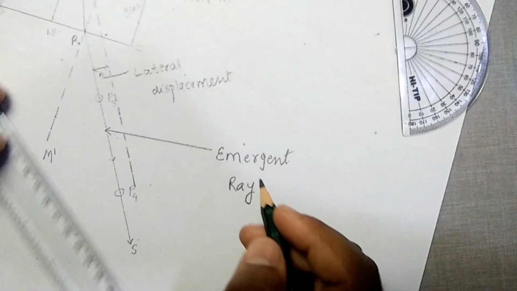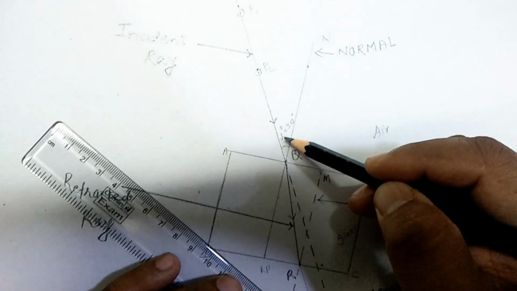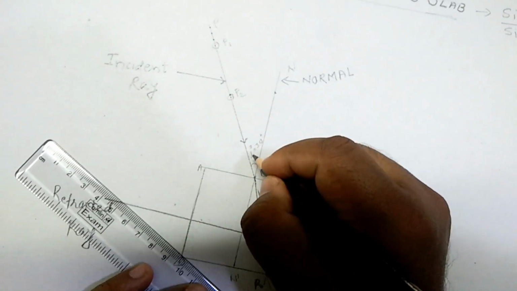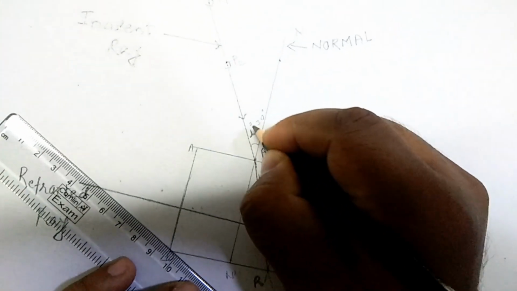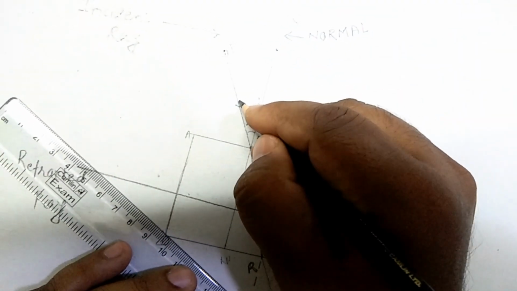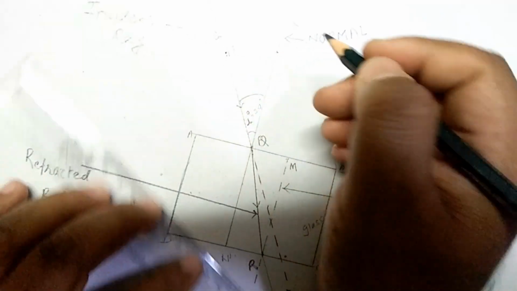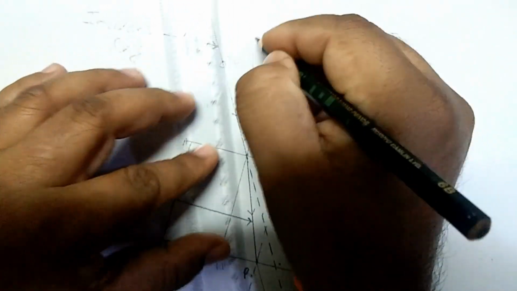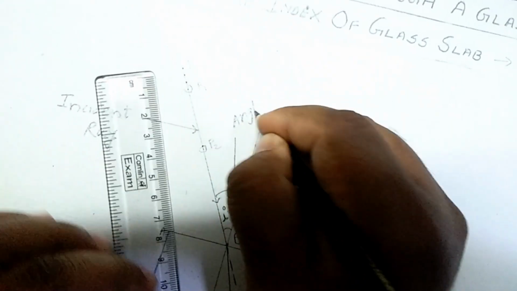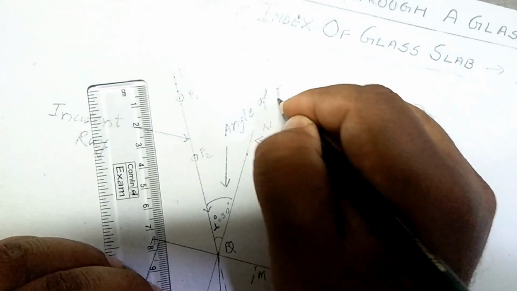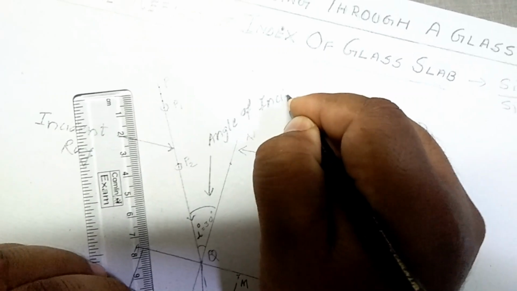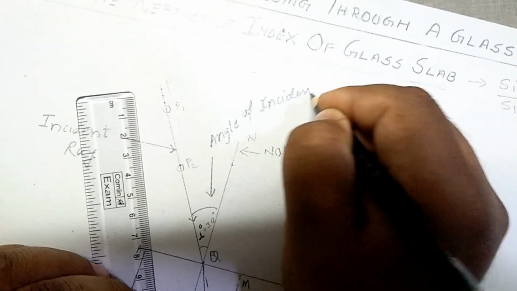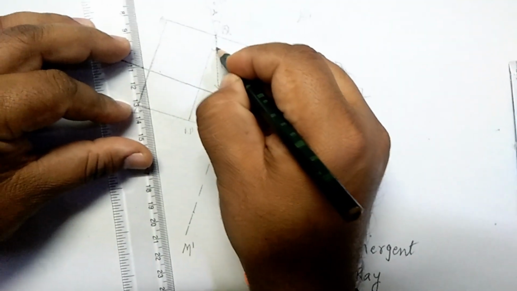At the same time, we got three angles. Look at here, this one. The first angle is called I. Can you see that I? I is 30 degree, which we had selected, and this is called angle of incidence. Here we have one more angle.